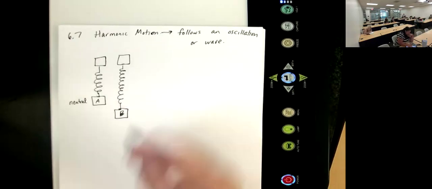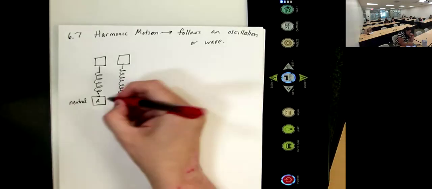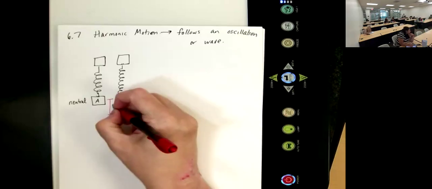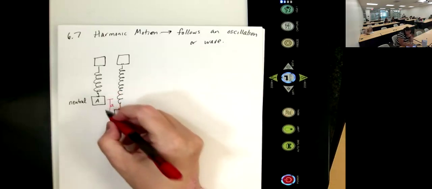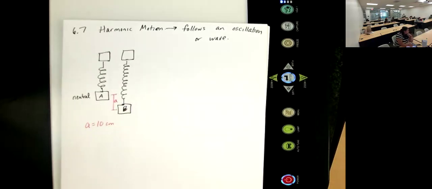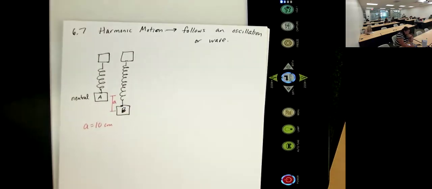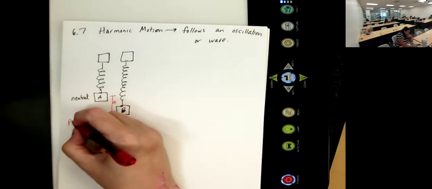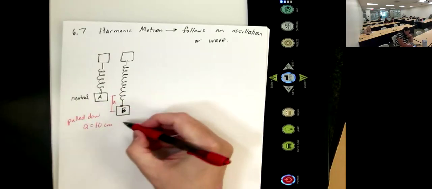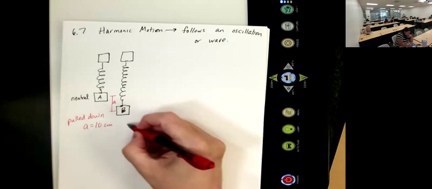It's pulled down this distance right here. That's going to be my amplitude. Let's say it's 10 centimeters. Pulled down, and then released.